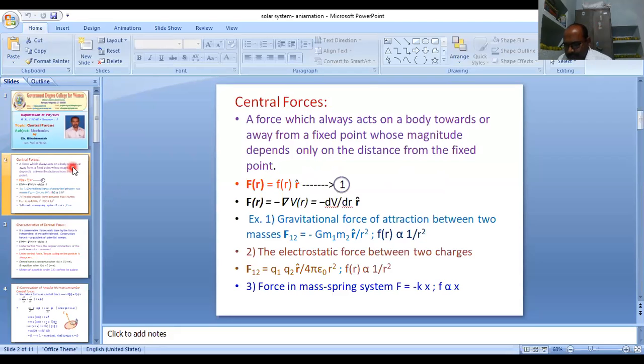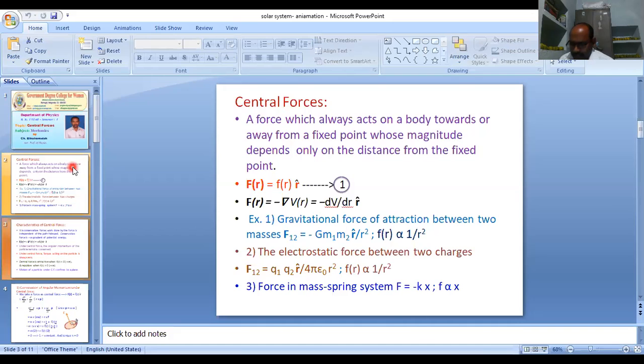Examples of central forces are the gravitational force of attraction between two masses, the electrostatic force between two charges, and the force in a mass spring system.